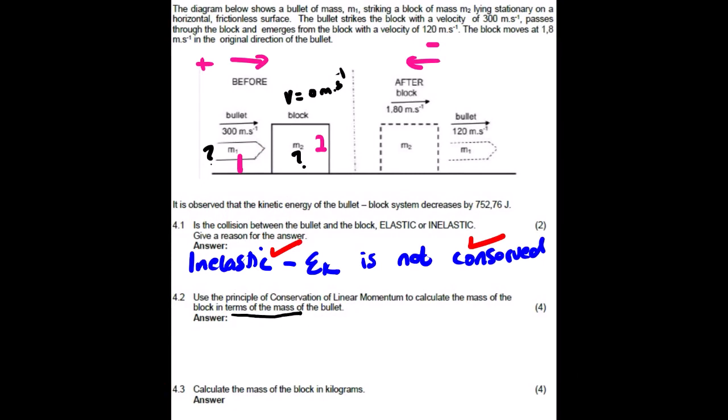The question 4.3 says calculate the mass of the block in kilograms. Now I have to mention that when I first read this, I actually considered or focused only on the bullet, but it's actually the bullet-block system decreasing by this.